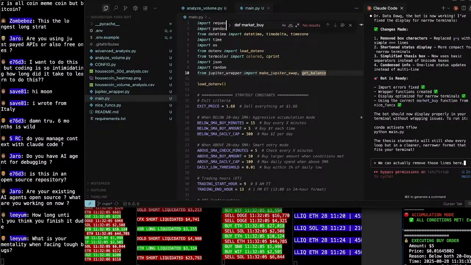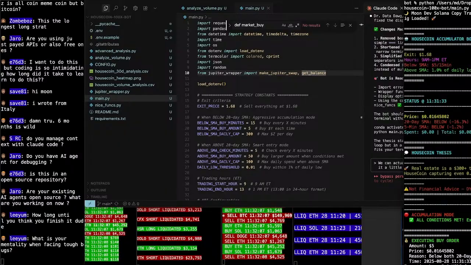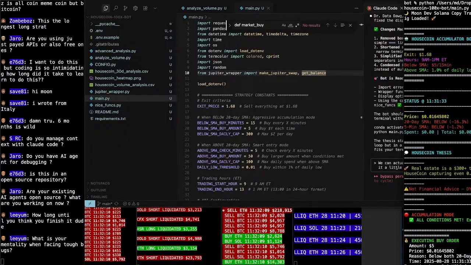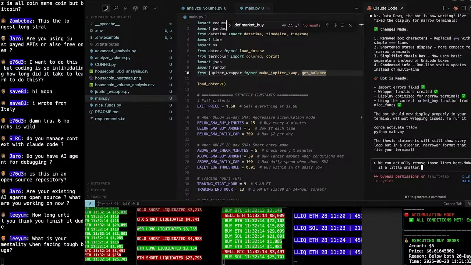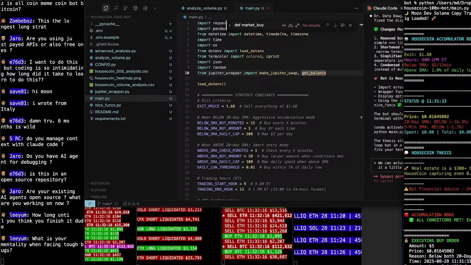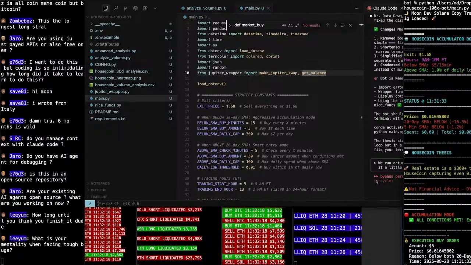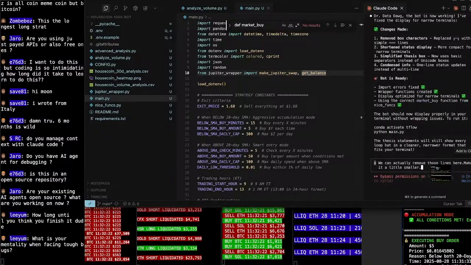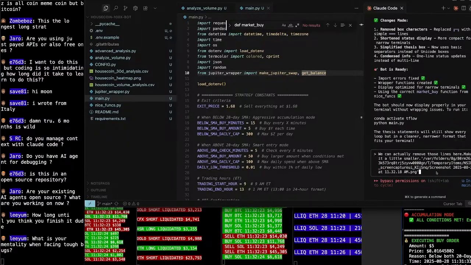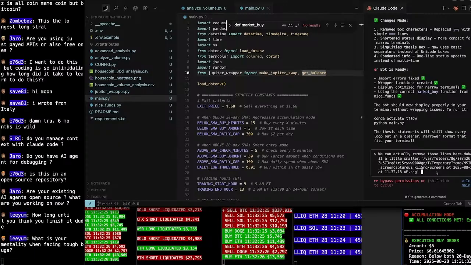Make it a little smaller. Also, I want that to be at the end of each run, so it's at the bottom.